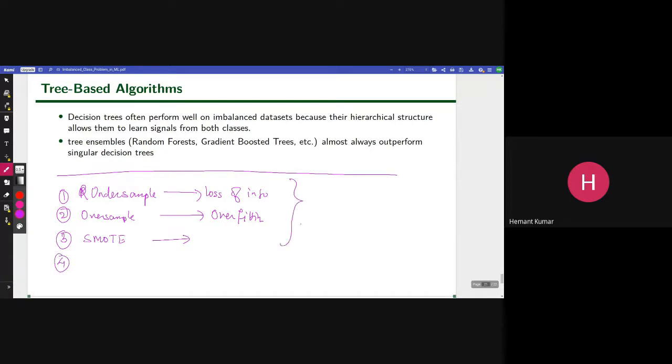These three are done in the pre-processing step. And the last one is the tree approach, I think cost sensitive, and this is done during training.